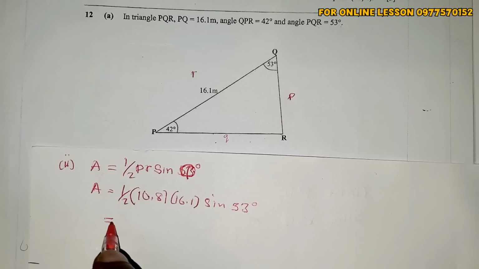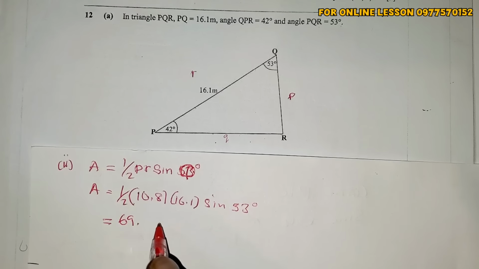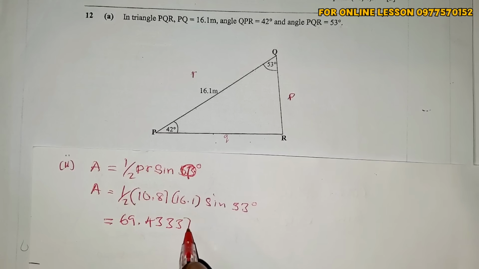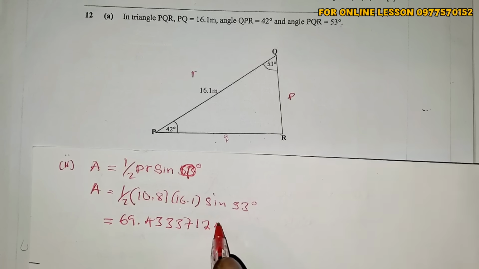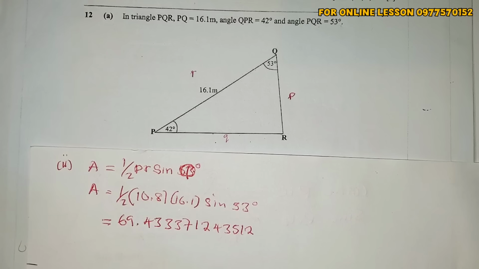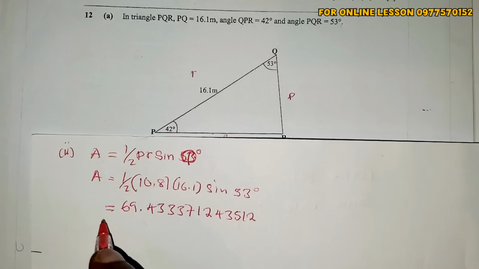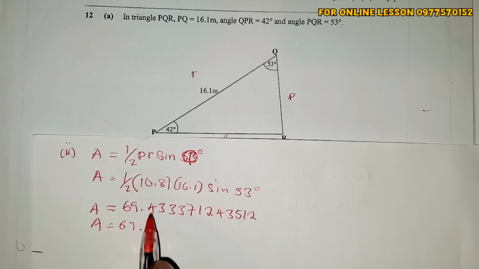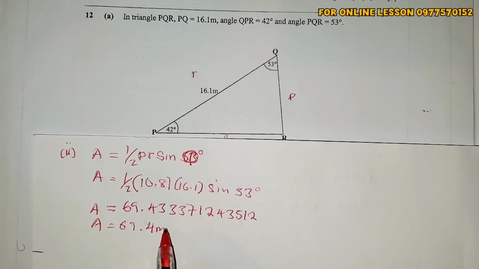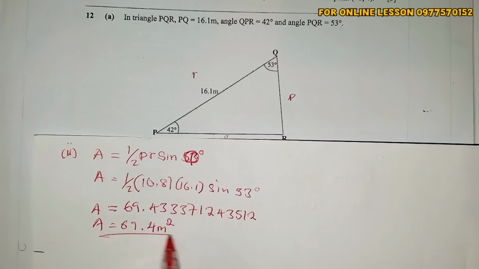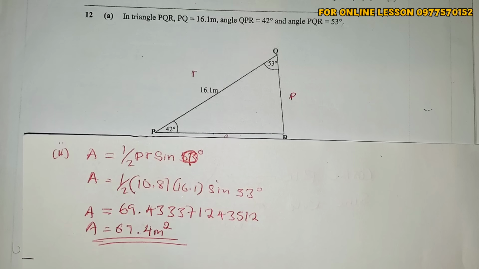This is giving me 69.4333712435512. Let's round this off to 3 significant figures. Therefore our area will be 69.4. Since it is area, it will be 69.4 meters squared, and this is our answer. Are you following, my friends?